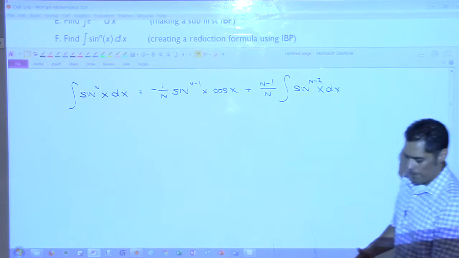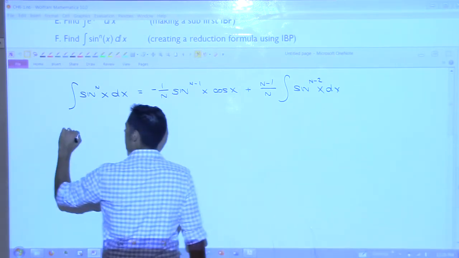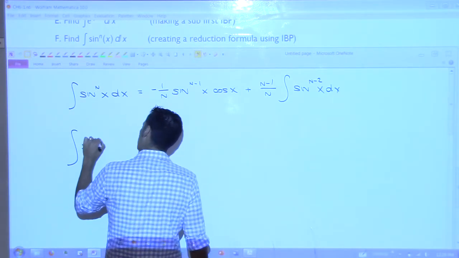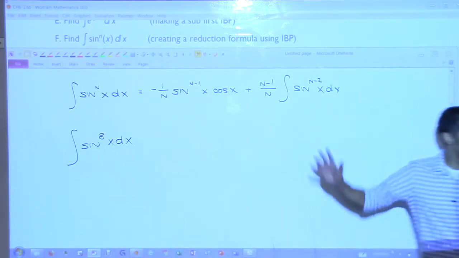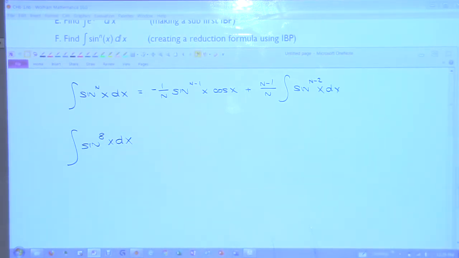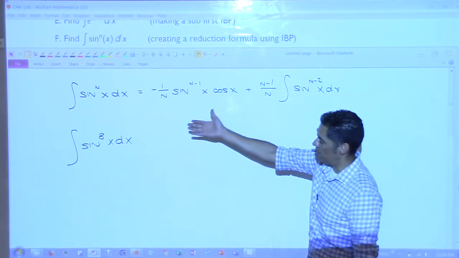Okay, there it is. This is a formula for if you ever wanted to do something like the antiderivative of sine to the 8th power of x dx. Like let's say we wanted to do that. I can use this formula, can't I?